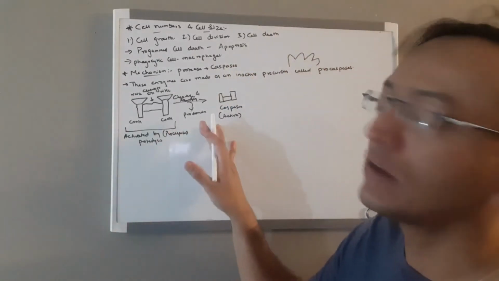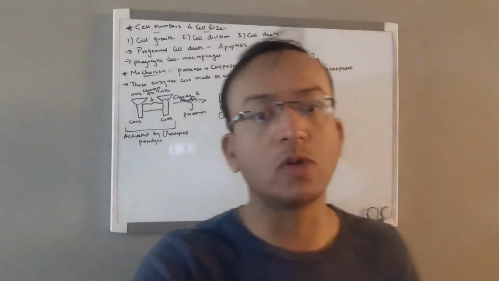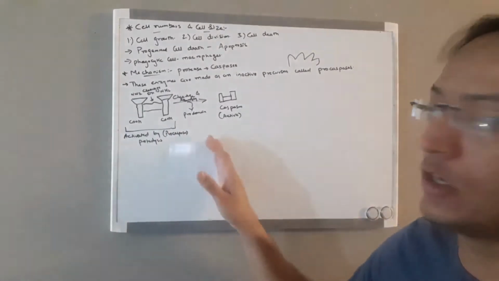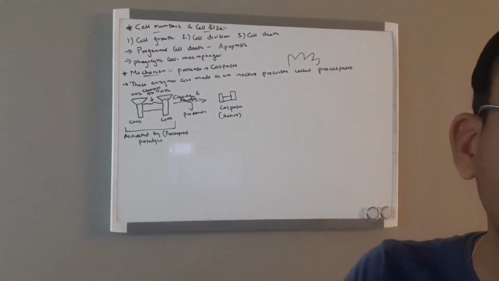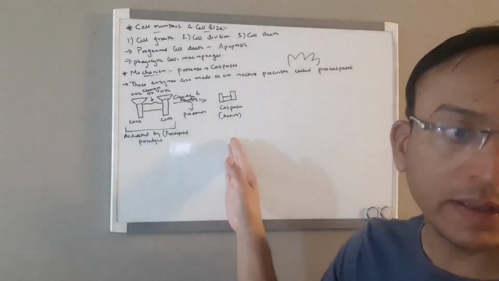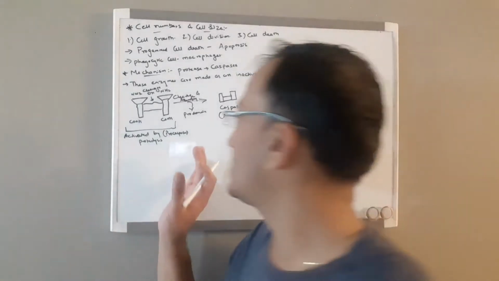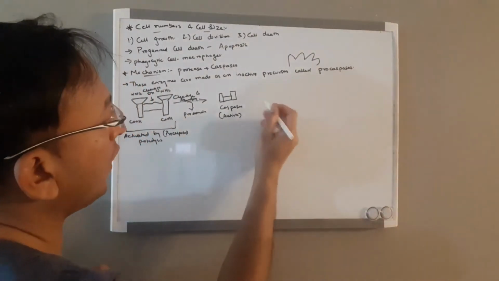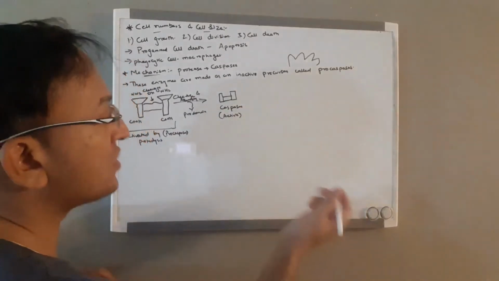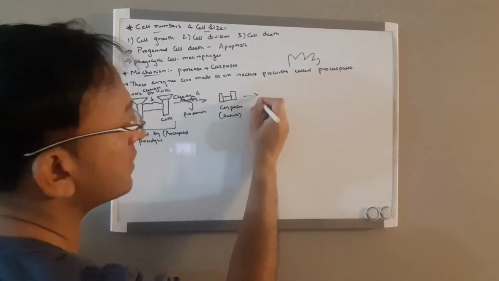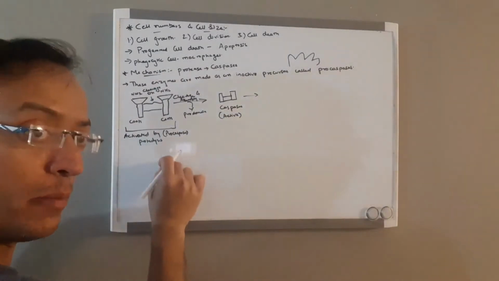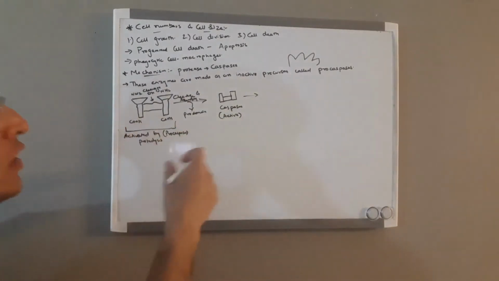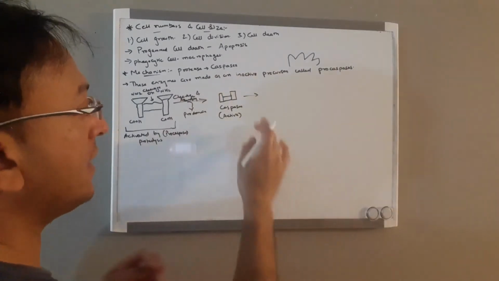So this is our caspase, and that becomes active, right? After the caspase becomes active, each activated initiator caspase will start a chain reaction. This caspase will start cleaving other procaspases to activate more caspases.